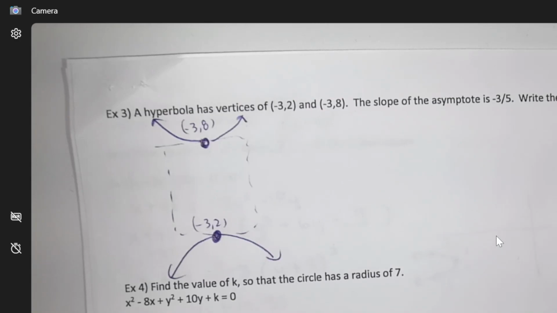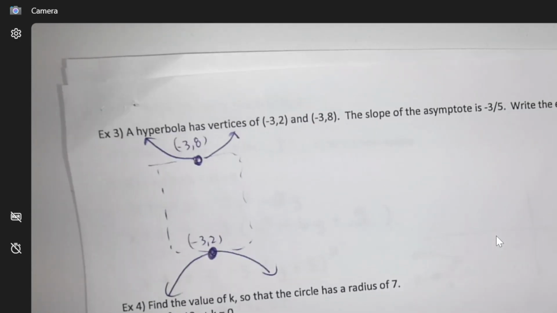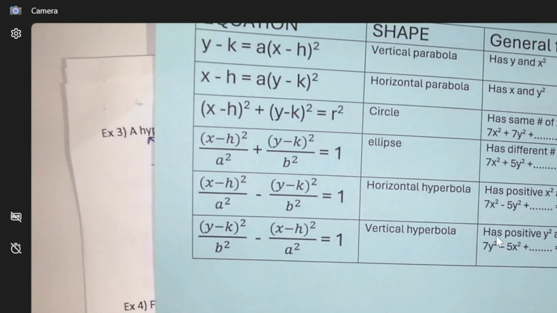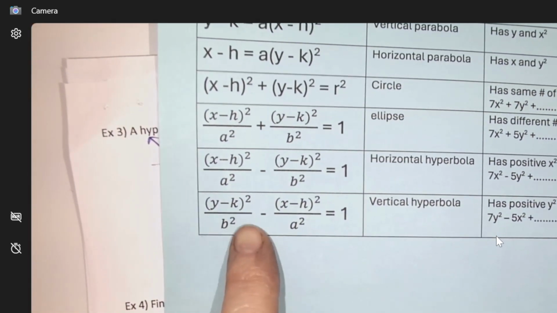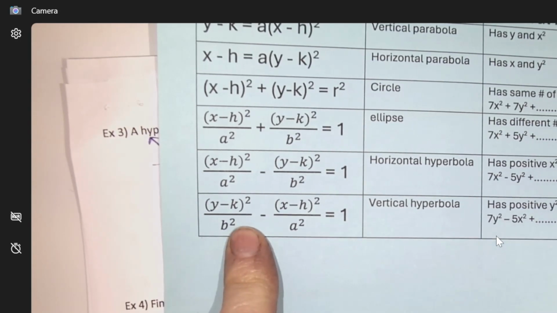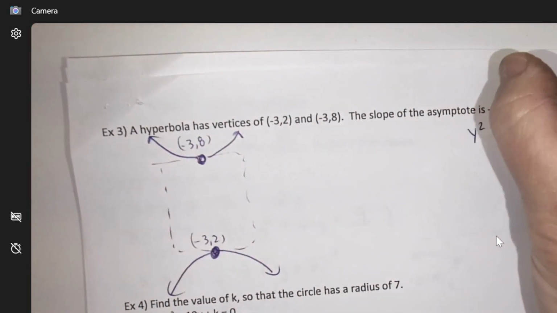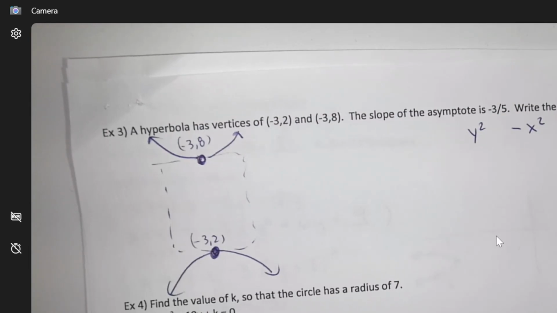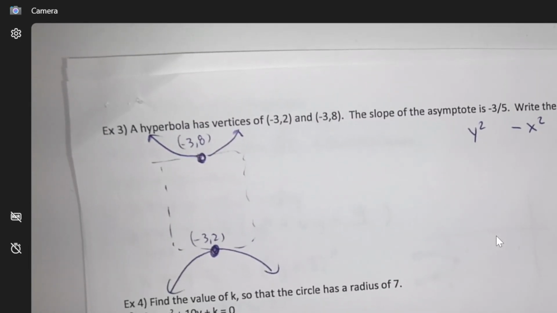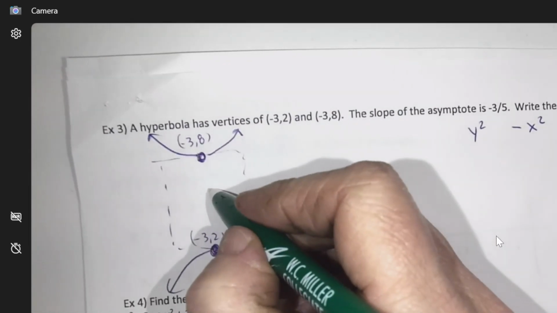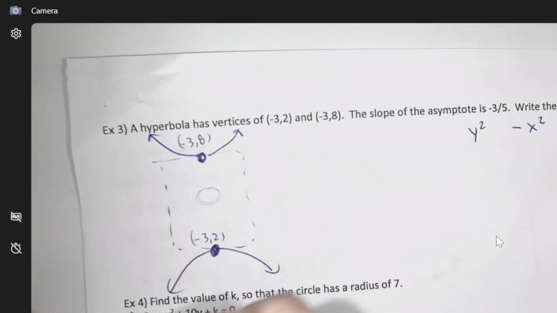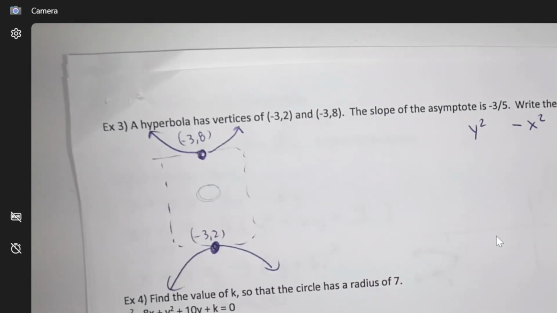So which equation should I use? You're going to have to do this one. We're going to be doing some kind of y squared and then minus the x squared, right? Okay, can you get me the center from that?